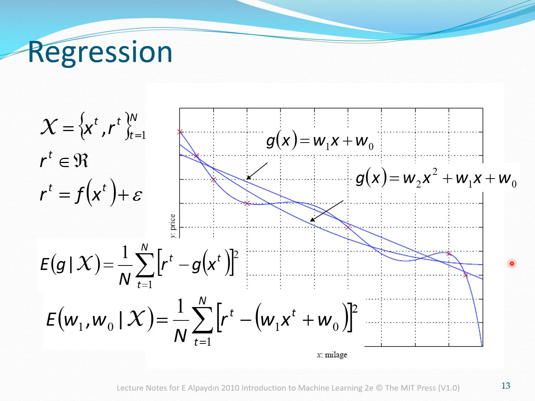You can see the single input linear model, this one, is g(x) equals w1x plus w0, and the higher order function of the input is g(x) equals w2x^2 plus w1x plus w0.